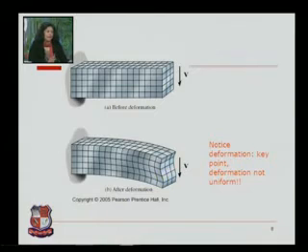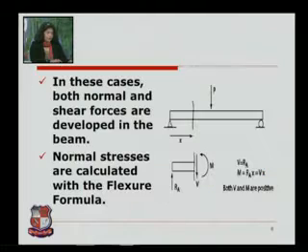At the edge it is less, and then it keeps on increasing as we move towards the fixed end. So in these cases both normal and shear forces are developed in the beam. You can see the symbol of moment, that is bending moment, which is denoted by M, and a vertical force which is denoted by V.